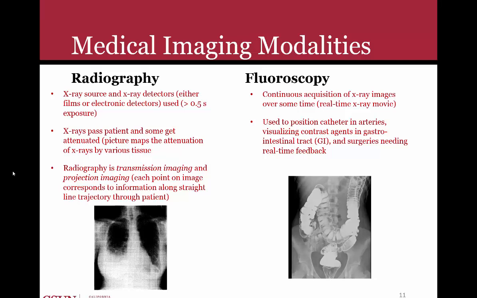You have an X-ray source and X-ray detectors, which can be either films or electronic detectors. Nowadays we use electronic detectors, and they use very fast exposure to X-rays. Obviously, X-rays can cause cancer, by causing radicalization of some of the chemicals in your body, which can then lead to cancer. The X-rays pass through the patient, and some get attenuated.